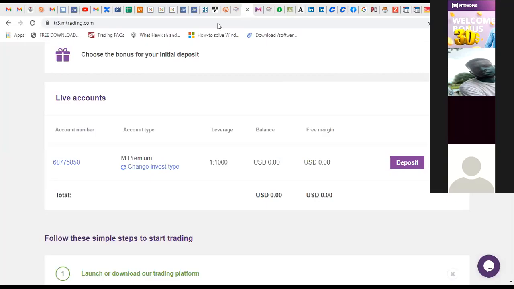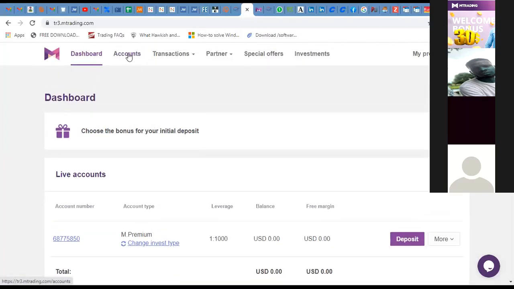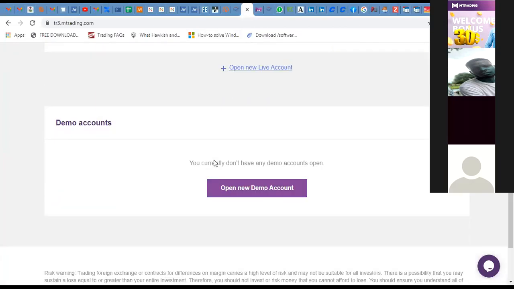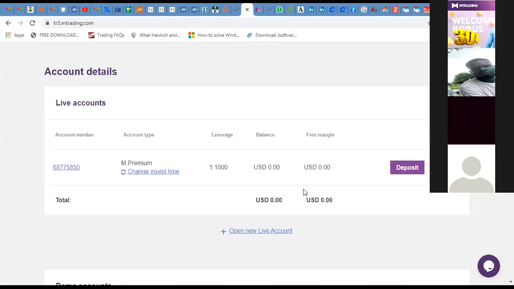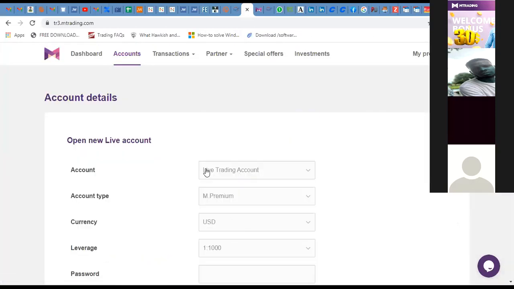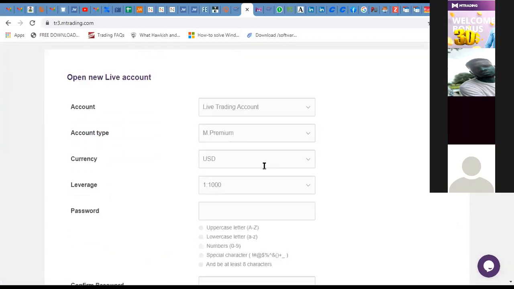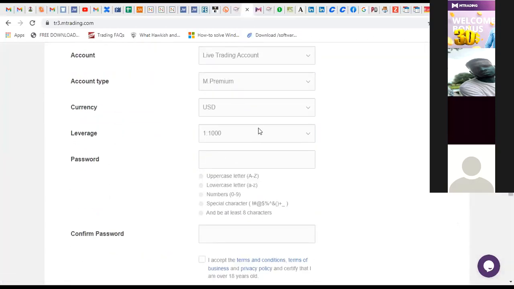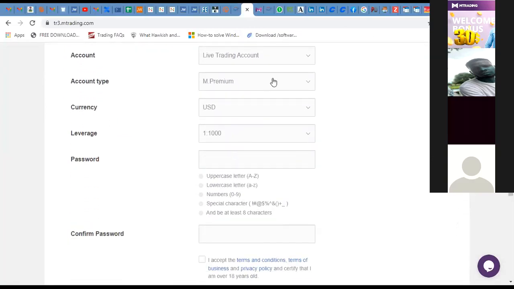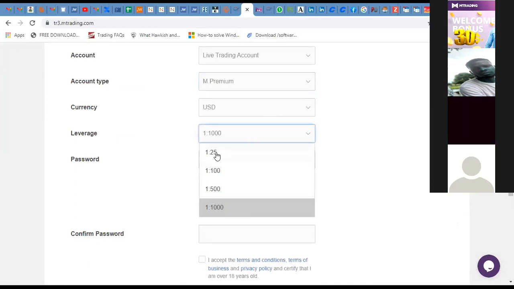So when you open the site, maybe you want to open an account, for example. Let's take, for example, account, live account, open live account. You click here, open live account, live trade, premium. Premium or pro, you choose premium, USD, leverage. Now look at this, leverage. That's it there, leverage.